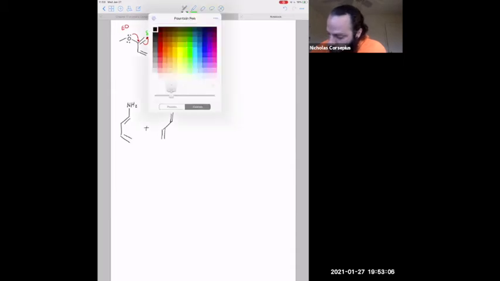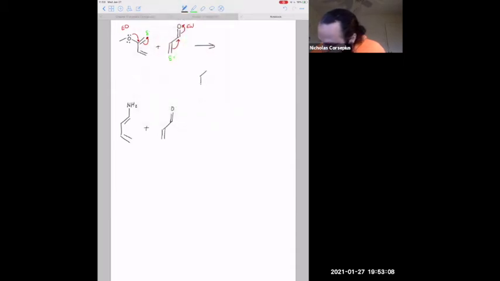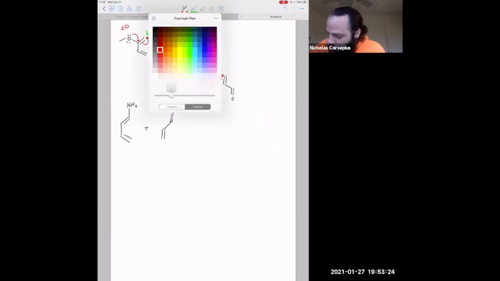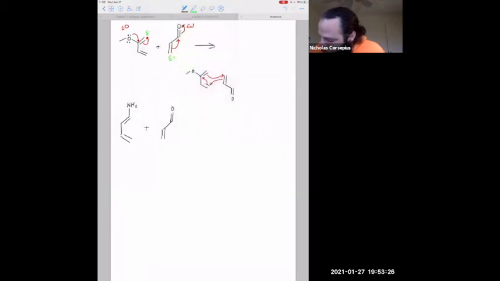So to get this correct stereochemistry for this product, I would have to turn this other substrate, my dienophile, around, okay? Now this is going to be the sequence of events that gives me my correct stereochemistry. There should be a double bond there.